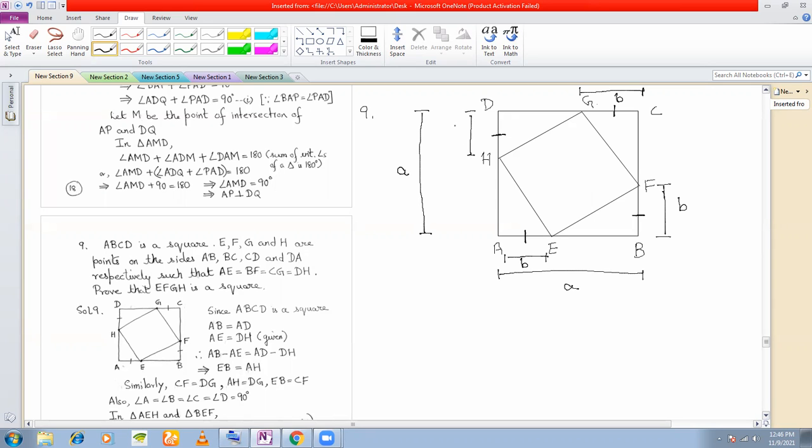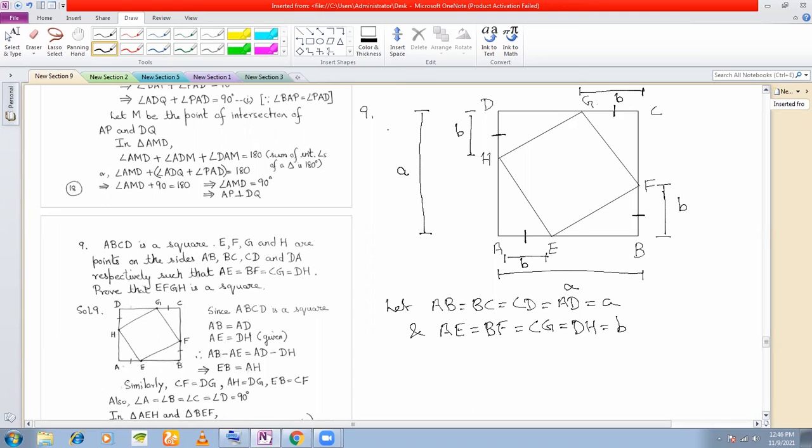So I write here, let AB is equal to BC is equal to CD is equal to AD is equal to A, and AE is equal to BF is equal to CG is equal to DH is equal to B.